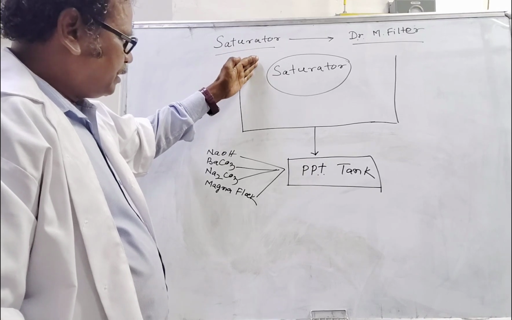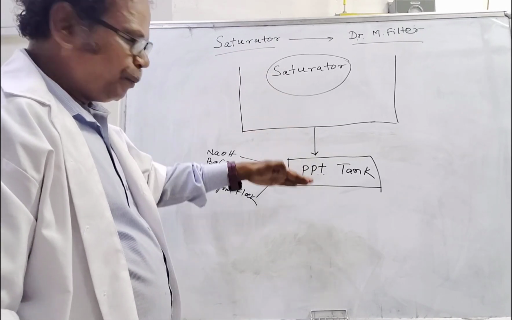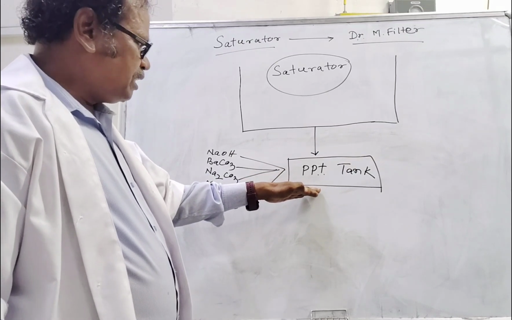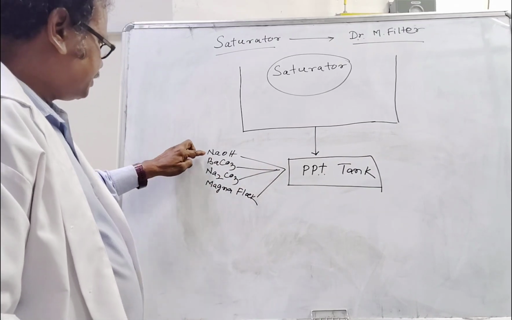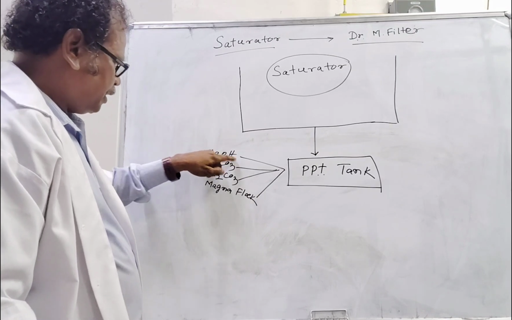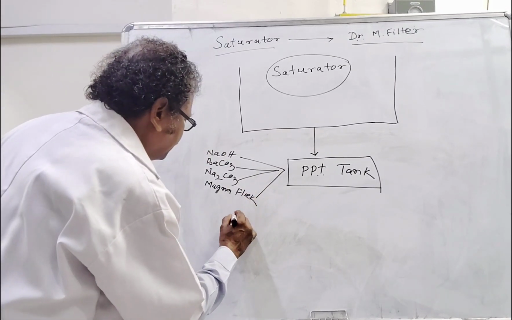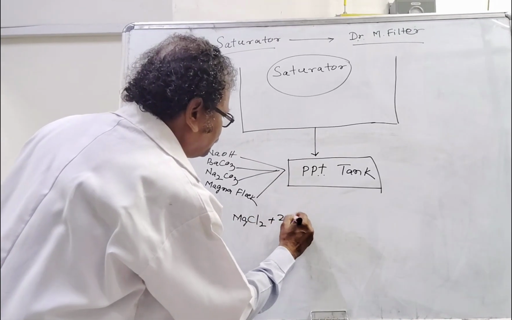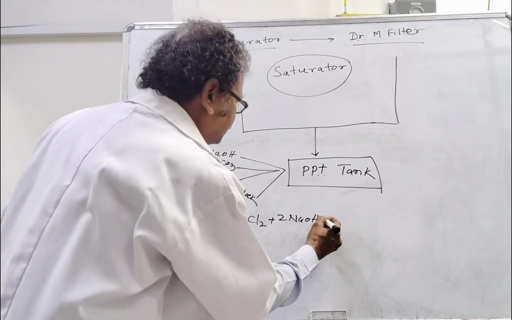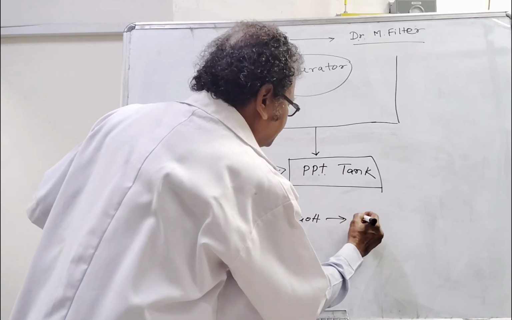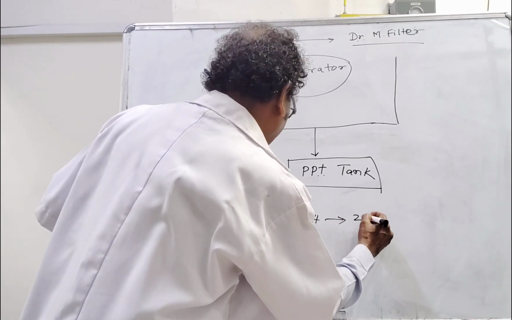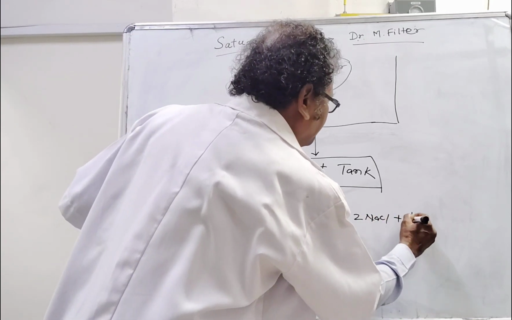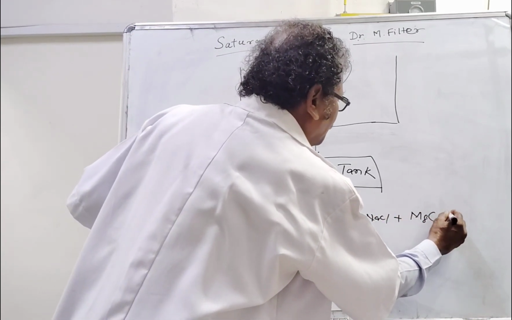From the saturator, the hot brine comes to the PPT tank. In the PPT tank, we are adding chemical reagents such as NaOH. MgCl2 plus 2NaOH gives 2NaCl plus Mg(OH)2.